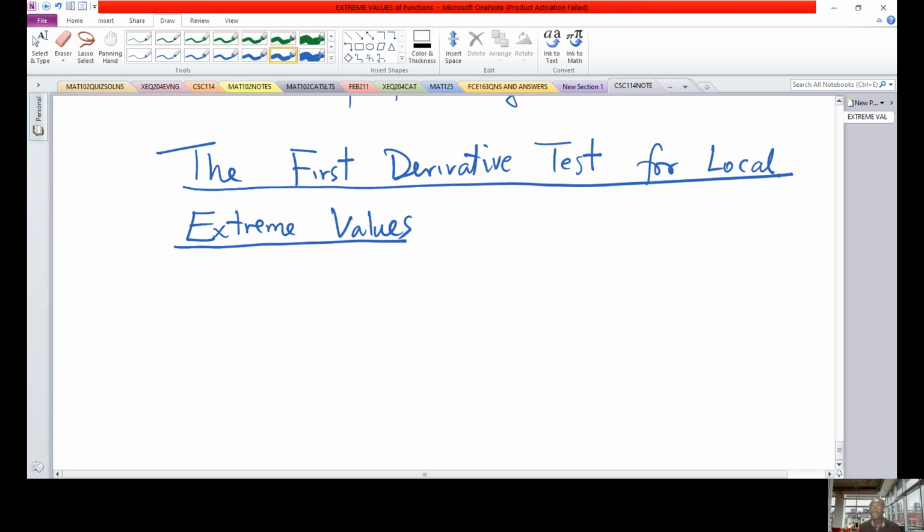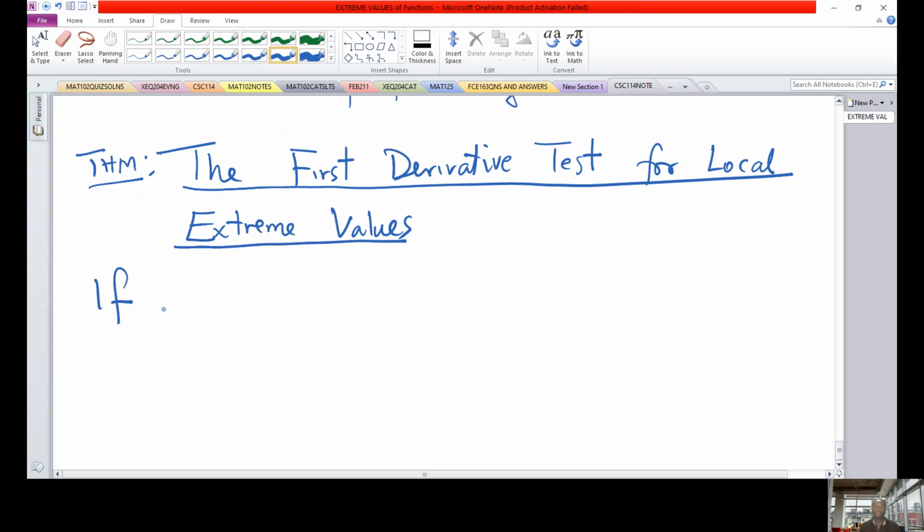So this theorem will help us to know how to find some local maximum or minimum values of a function within the closed interval. So it says that, so this is a theorem.